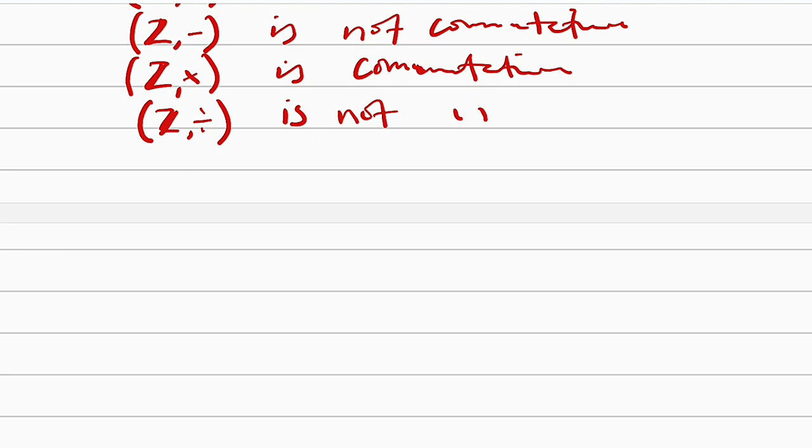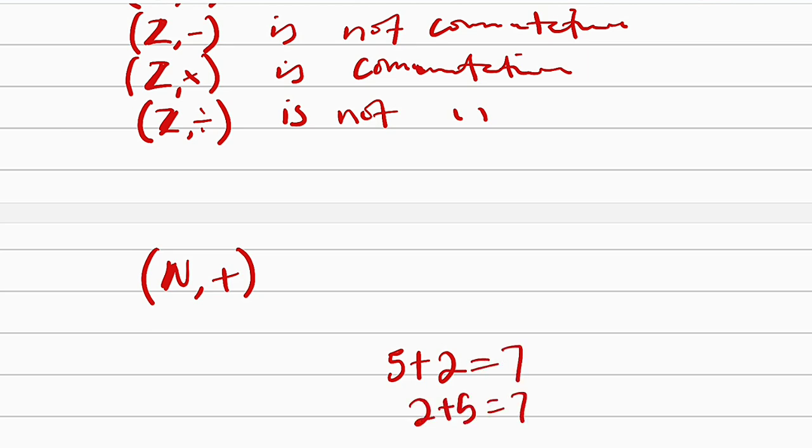Let's test for natural numbers. Natural numbers behave in a similar way to real numbers. Natural numbers, remember, are the counting numbers. If you take a natural number like 5, you add it to 2, this is equal to 7, and 2 plus 5 is also equal to 7.